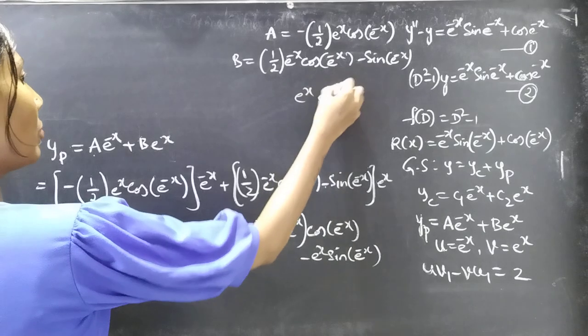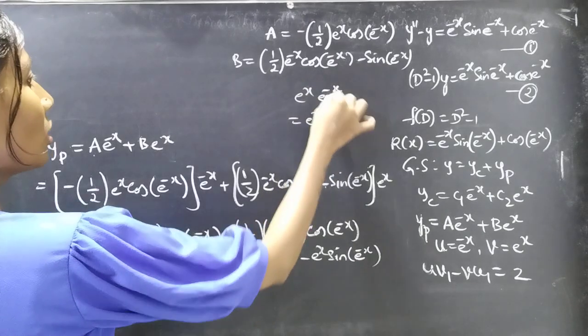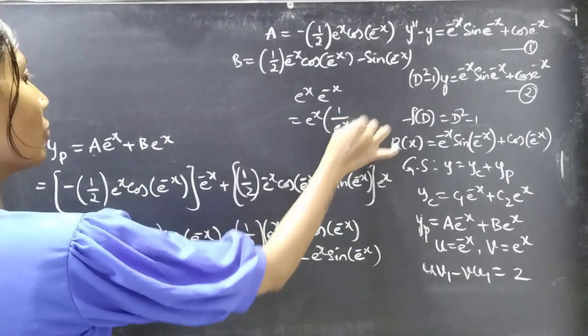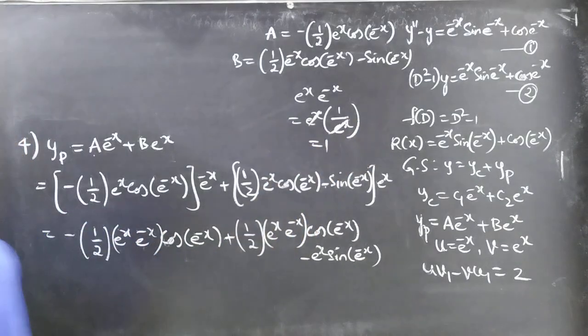Since e power x into e power minus x can be written as e power x into the reciprocal of e power x, where e power x gets cancelled, you'll get 1, right?